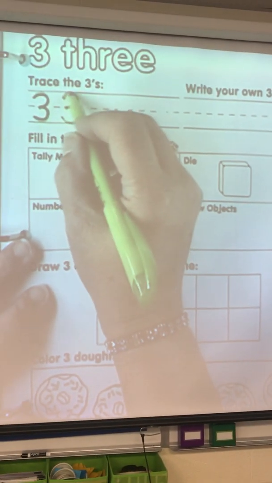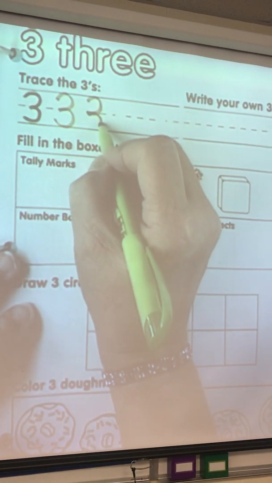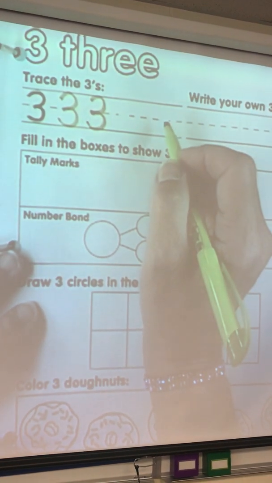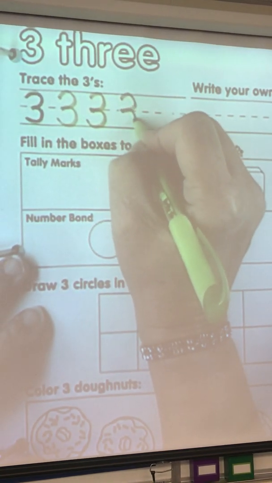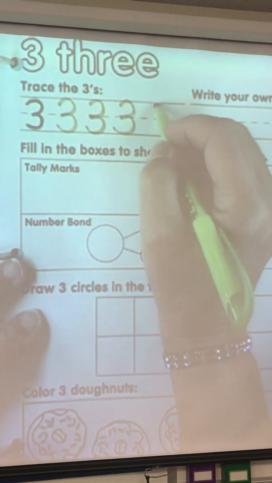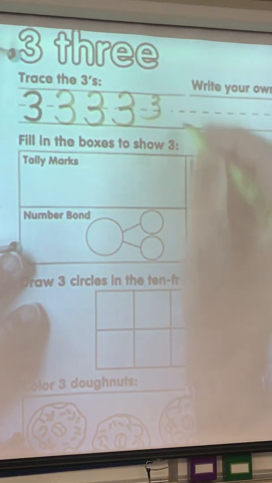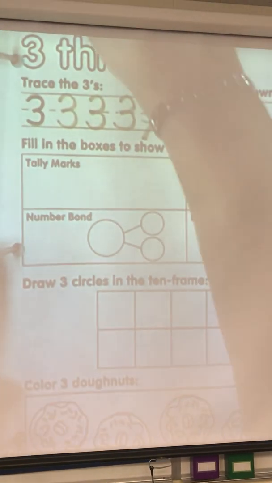Notice that when I make the first curve, I touch the dotted line. I make the second curve and touch the bottom line. Let's try another one. 2 humps sideways and that's a 3. Okay, grab your pencil.